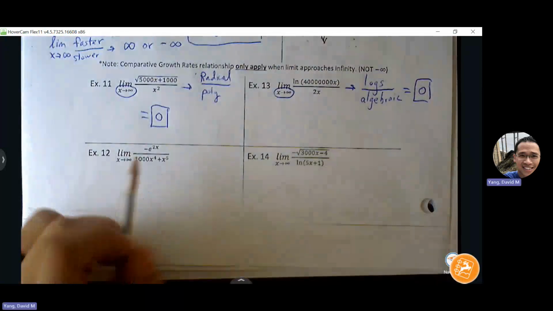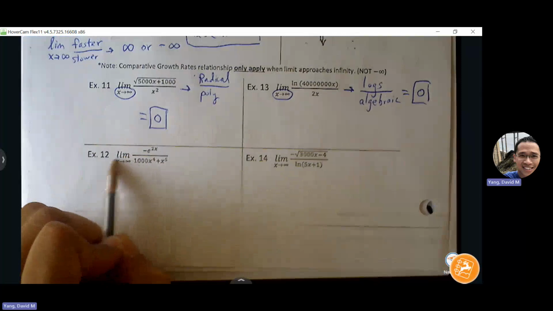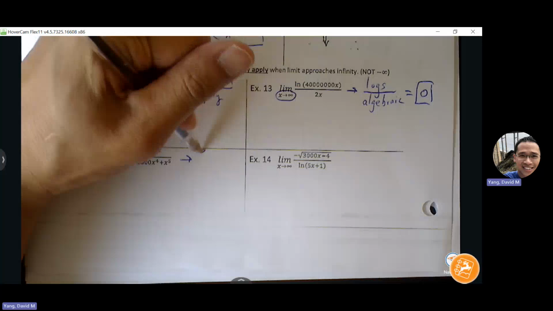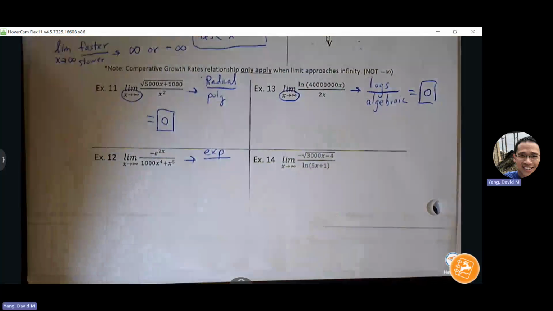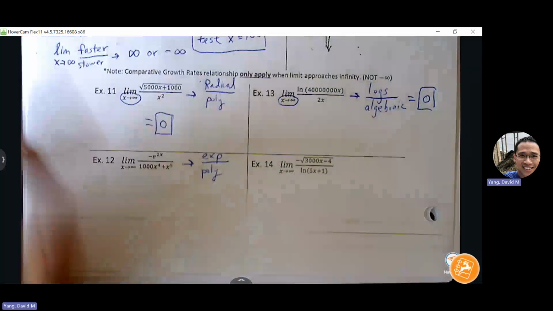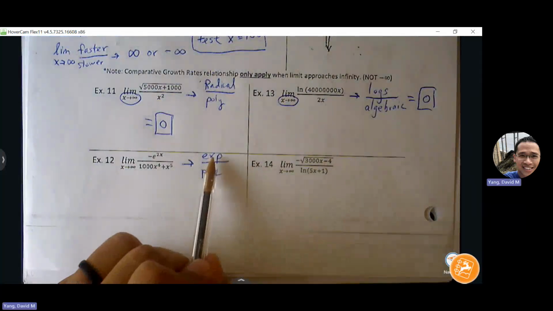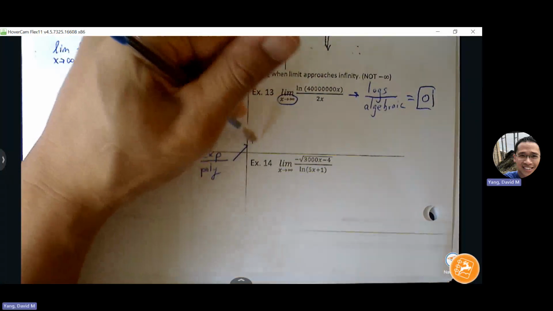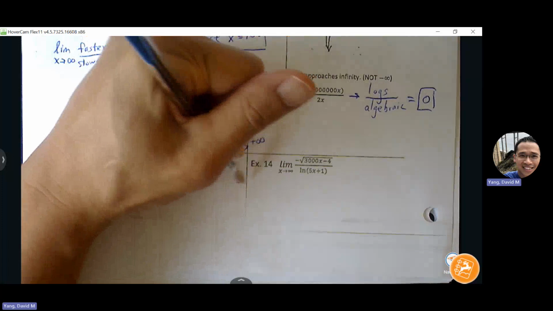All right, number 12. Again, approaching infinity. Numerator falls under what category? Exponential. Denominator falls under polynomial. So, which is growing at a faster rate? That's top. Therefore, where's it going to go? It's either positive or negative infinity, right? It's one of those directions.